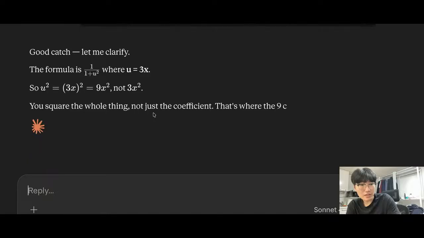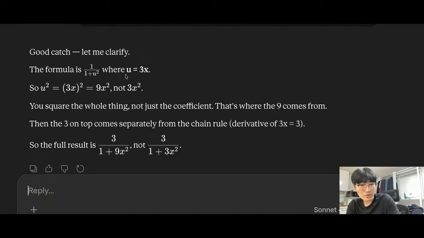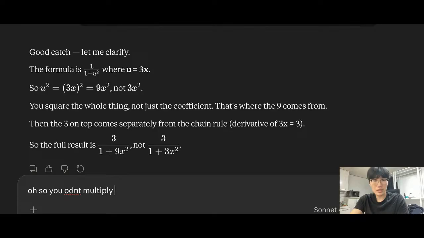Good catch, let me clarify. The formula is 1 over 1 plus the value to the power of 2, where u is 3x. So the value to the power of 2 equals 3x to the power of 2, which makes it 9x to the power of 2, not 3x to the power of 2. Oh, so you don't multiply after 1 over 1 plus u to the power of 2?